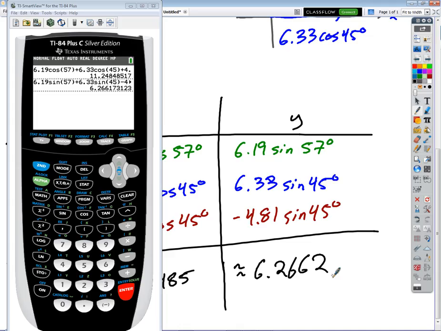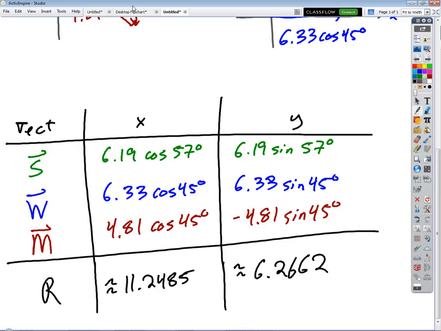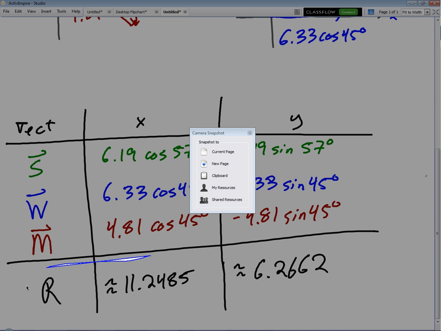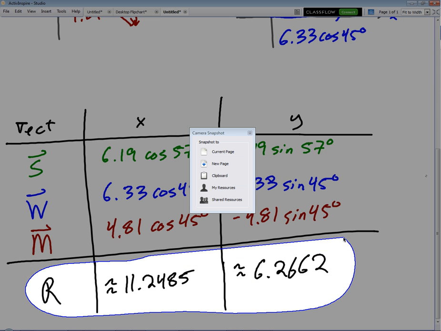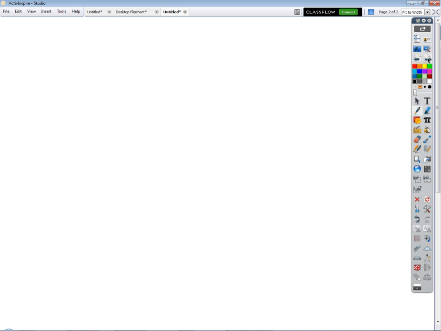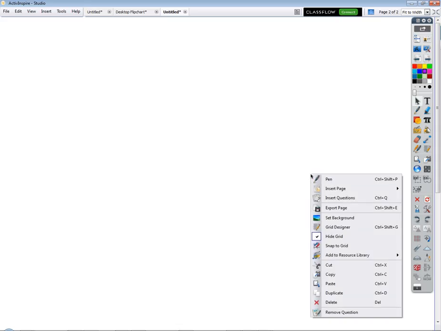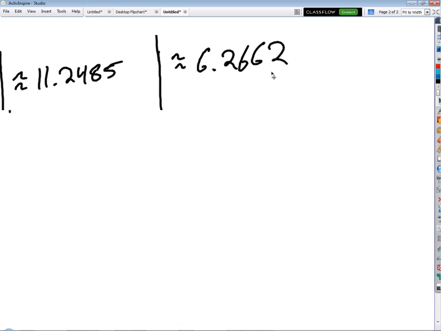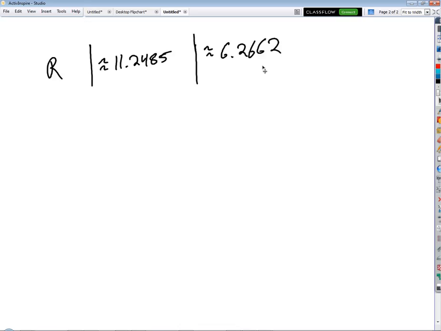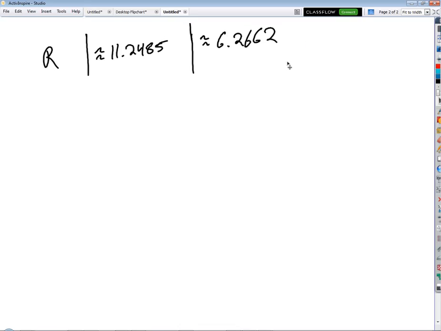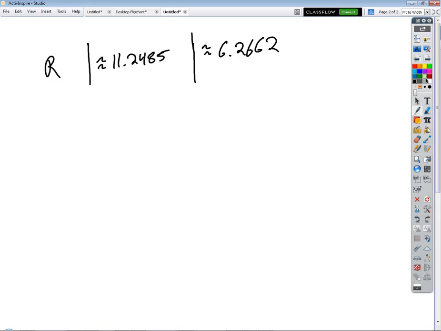Okay, so then let's go ahead and build our resultant from that, right? Okay, so there are our components, x component and y component. So now we can build our resultant vector.